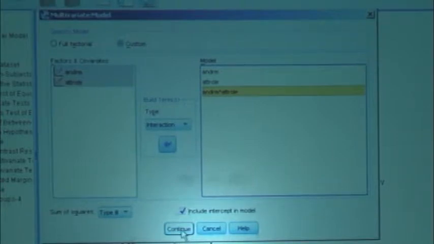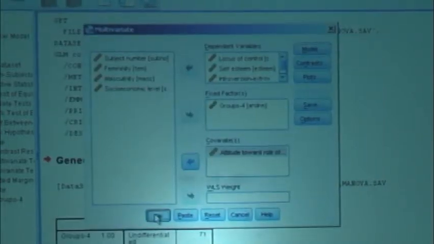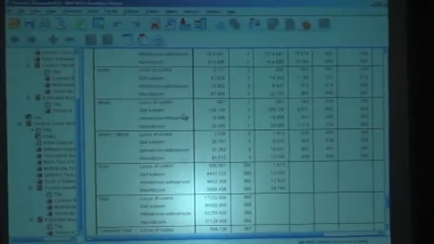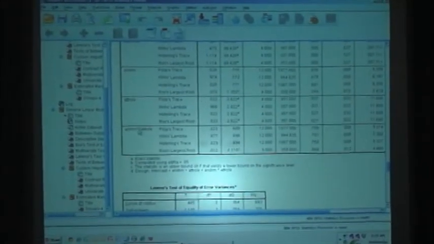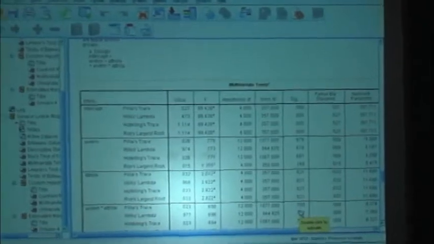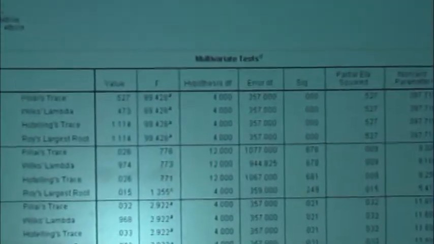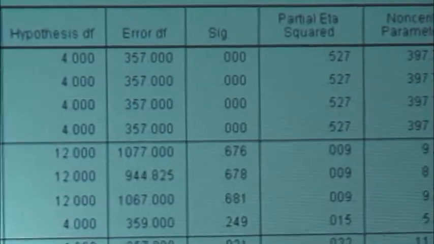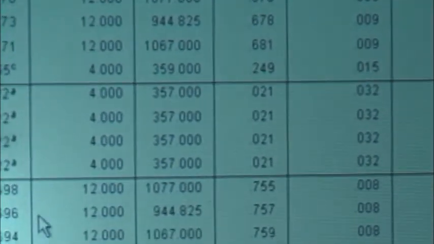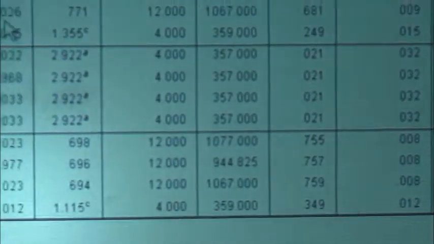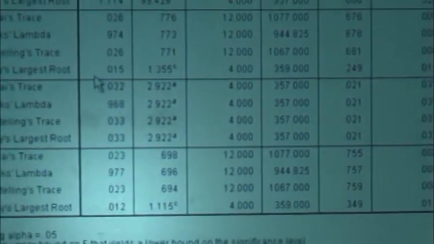And when you say continue, the output that you care about there is only this interaction. Look at the multivariate interaction here, and if it's not significant, you're good. If it's significant, you could look at the univariate interactions to see where the problem's coming from. Anything else from the project?